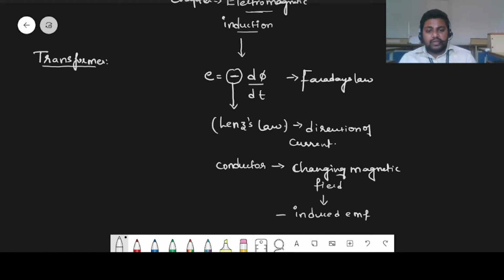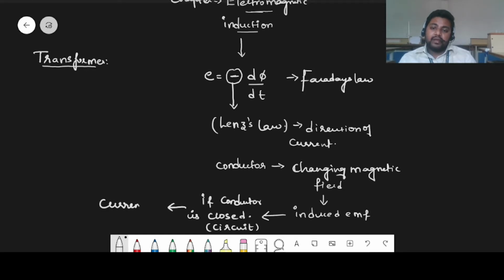Because of this induced EMF, if the conductor is closed, in the sense the circuit is complete, then in a closed circuit only you will have current flowing.